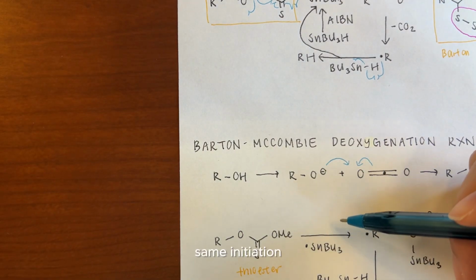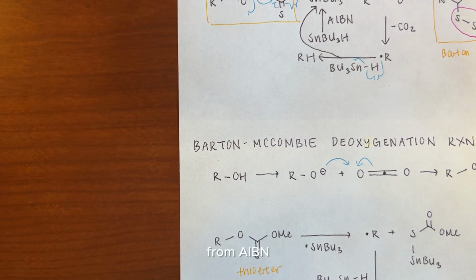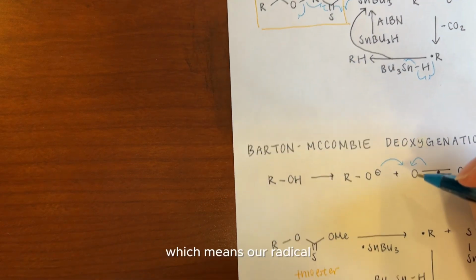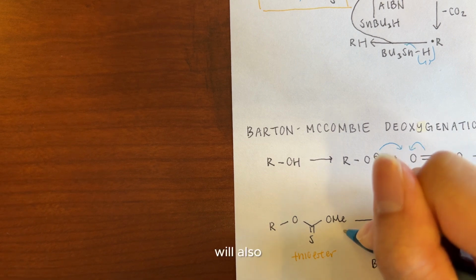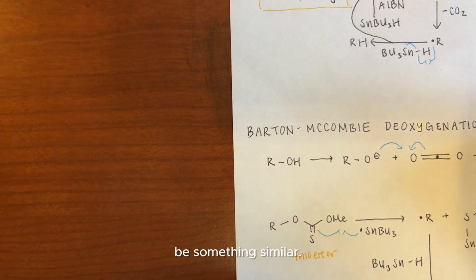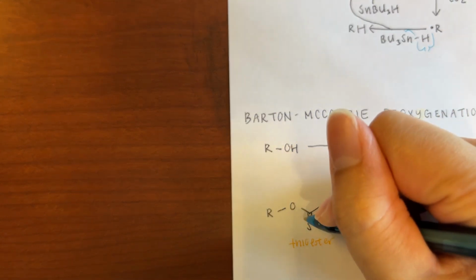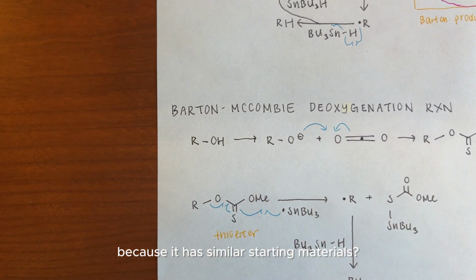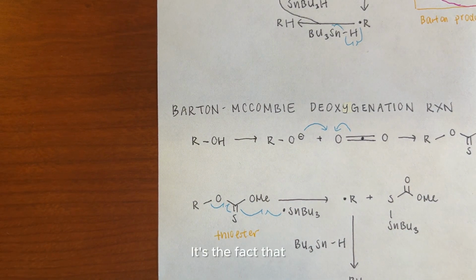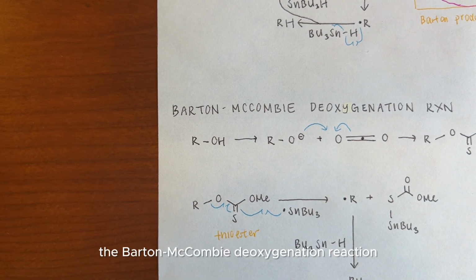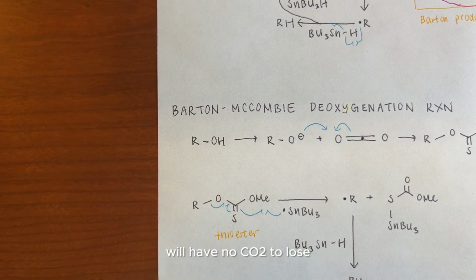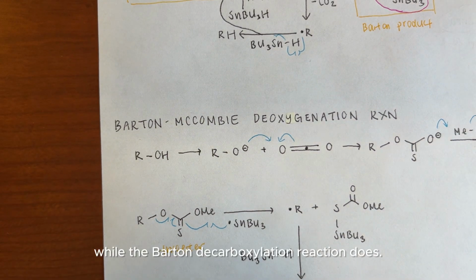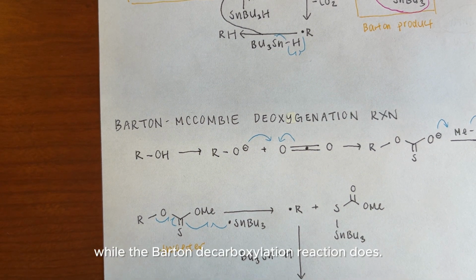We have the same initiation from AIBN and from the tributyl tin hydride, which means our radical will also be something similar like this. How do you know the difference? Because it has similar starting materials. It's the fact that the Barton-McCombie deoxygenation reaction will have no carbon dioxide to lose, while the Barton decarboxylation reaction does.